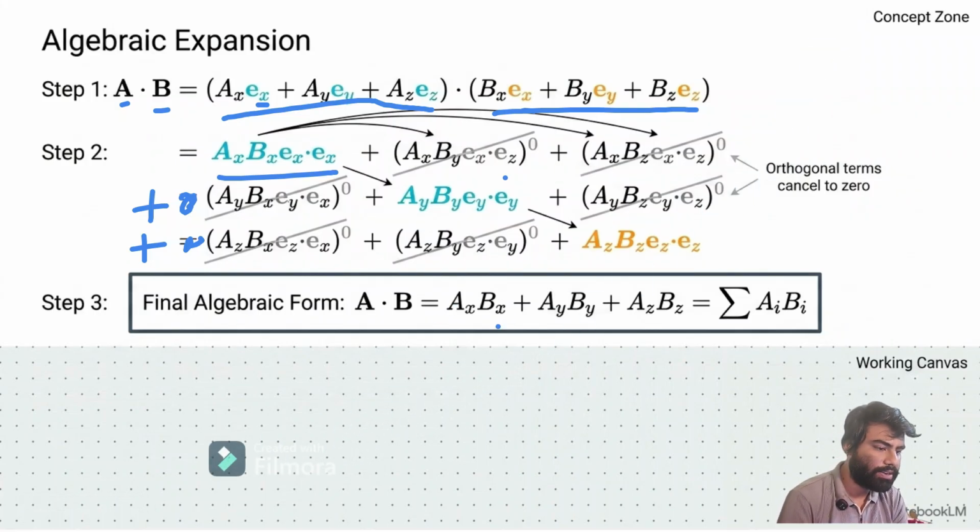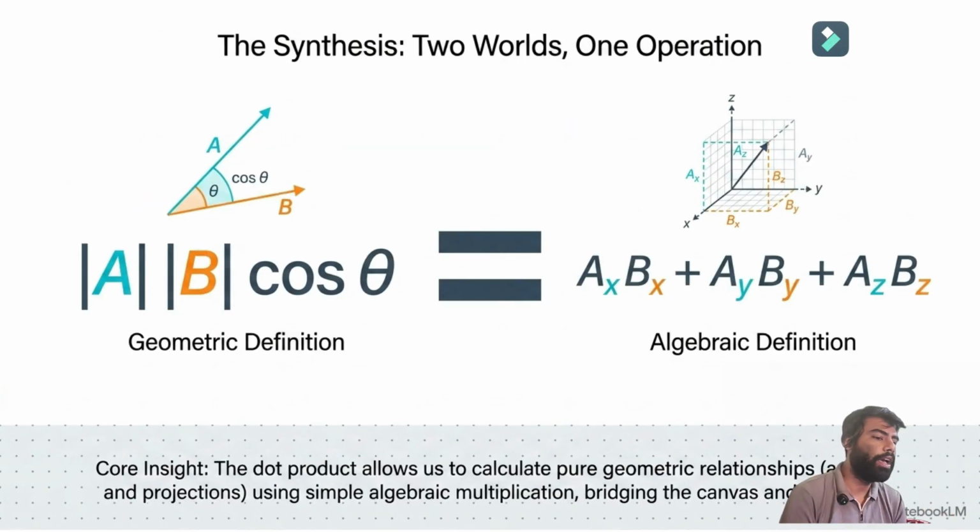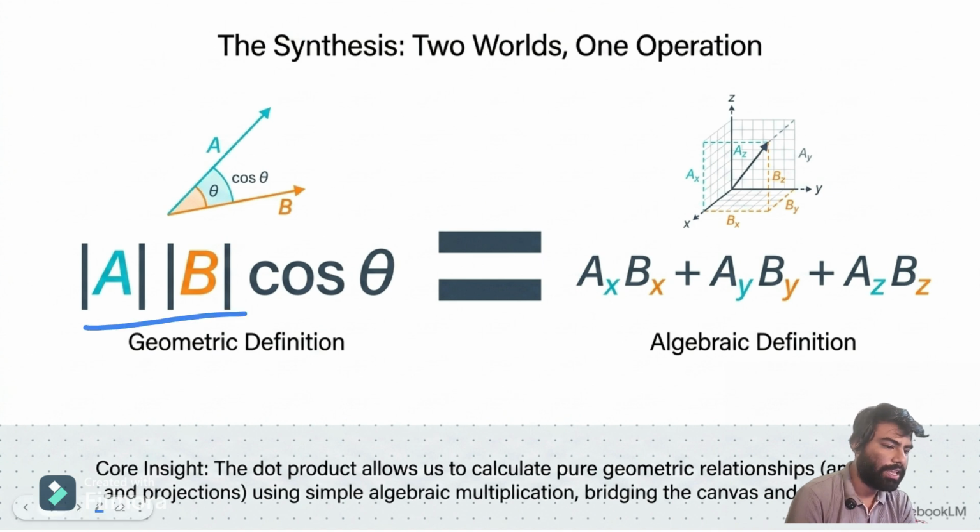So finally we can write it in that form, or in a more fancy form, in the summation form, sum of Ai Bi. And now we have seen both forms of the dot product. One is A dot B, that means mod of A, mod of B cos theta.